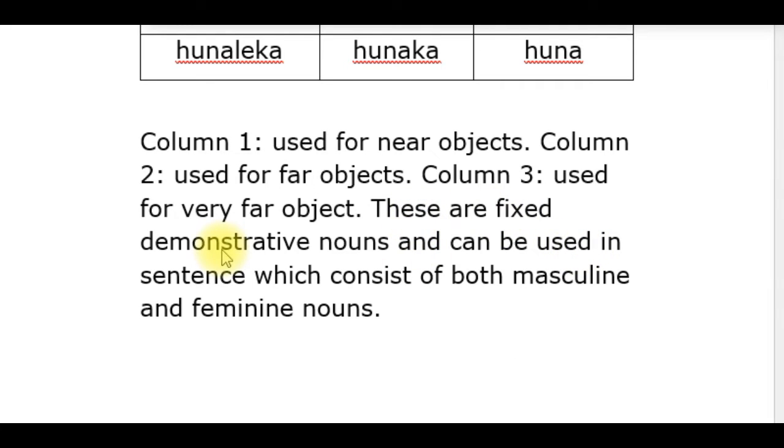These are fixed demonstrative nouns and can be used in sentences which consist of both masculine and feminine nouns.